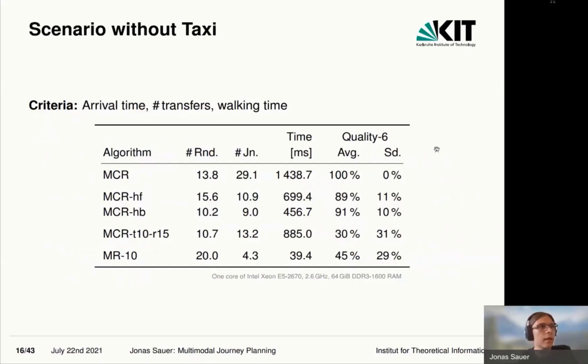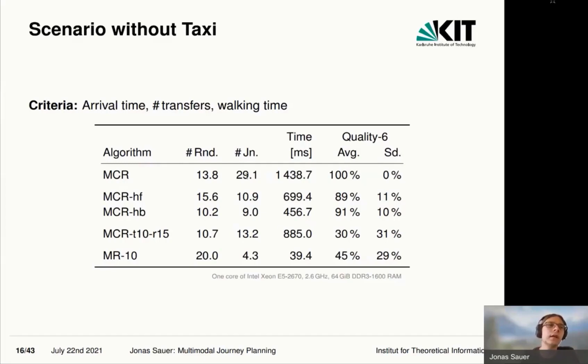Now, first let's look at a scenario without taxis. And we optimize 3 criteria, which are arrival time, number of transfers, and walking time. And our MCR algorithm takes more than a second and computes on average 29 journeys.